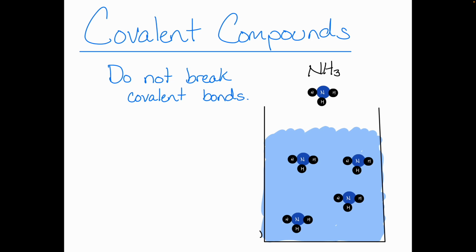Remember, these clusters of atoms that are covalently bound together we call molecules. So what we have when we create a solution with a covalent compound are just our molecules floating around independently.